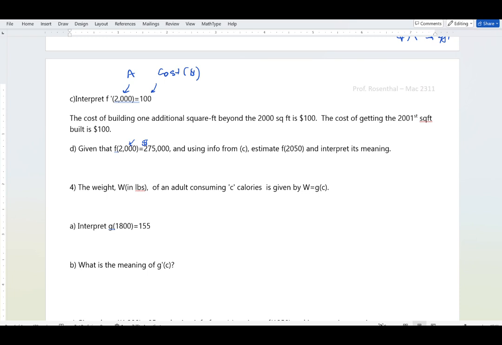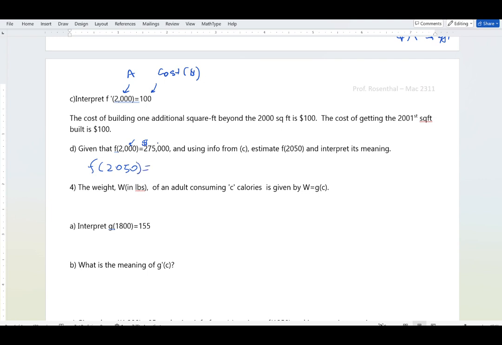So if every additional square foot is roughly $100, what will be the cost of building that 2,050 square foot house? In this situation, we need to find f of 2050.